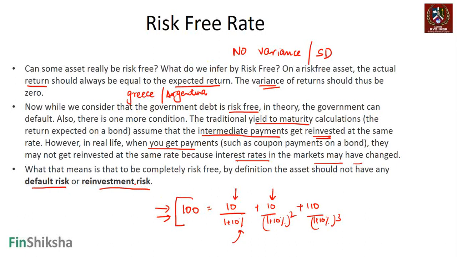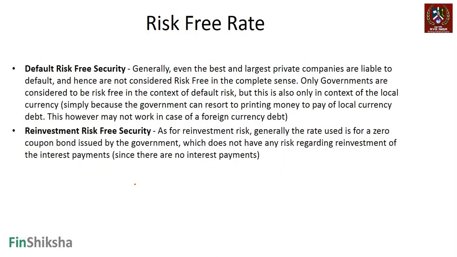Now let's understand what kind of bonds have that. So what is a default risk-free security? Now, even the best and largest private companies can default, and they cannot be considered risk-free in the complete sense when they borrow. Only the government is considered to be risk-free in the context of default risk, and this is also in the context of local currency.